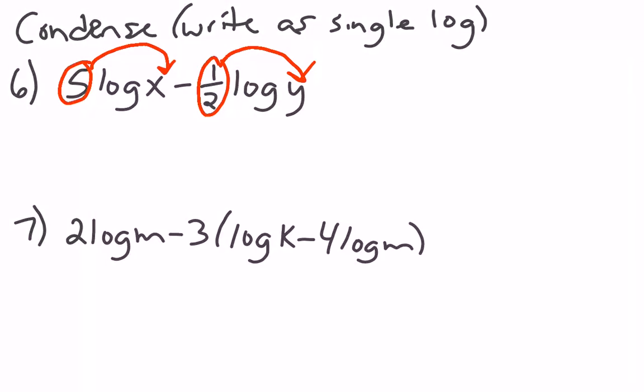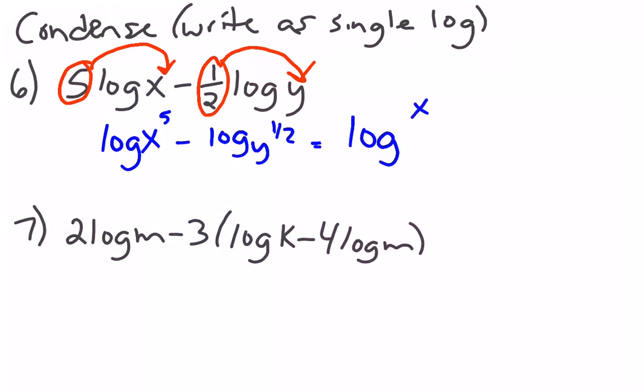All right, so that gives me log of x to the 5th minus log y to the 1/2, which is just going to be rewritten with division, log of x to the 5th over y to the 1/2. And remember, something to the 1/2 just means square root, so we could rewrite that also as x to the 5th over square root of y, which is an equivalent statement.